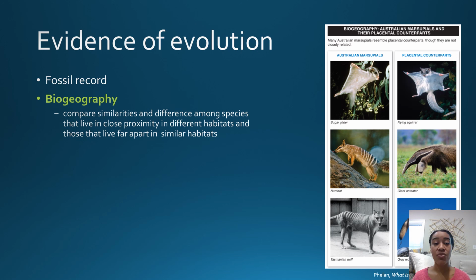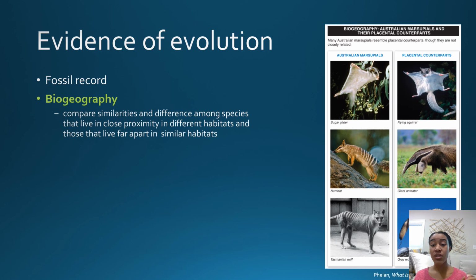Another evidence for evolution is biogeography. If you compare organisms that live in various areas around the world and compare their similarities and differences, you can start to see how organisms evolved. In this example from the book, you're looking at similar ecosystems in two different places. I think they looked in the United States, and they also looked in Australia.